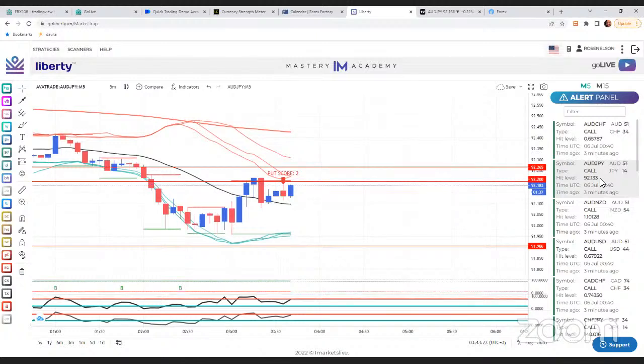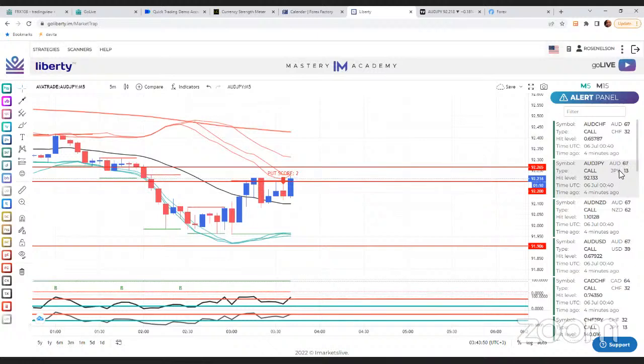Got a minute 38. Almost there. You can see stochastic, RSI, they're crossing the red. Ooh, look at that, it's pushed. Hopefully it will cross down at 8:45.